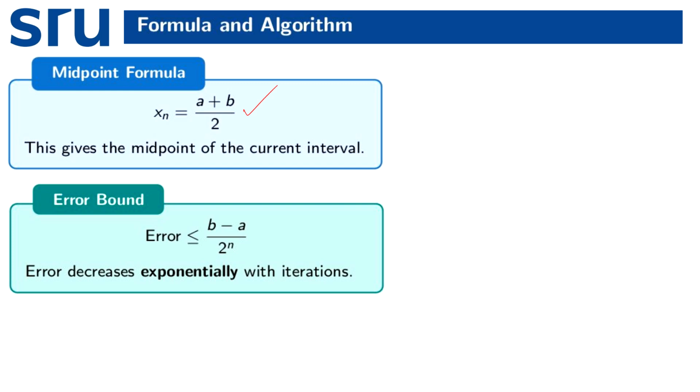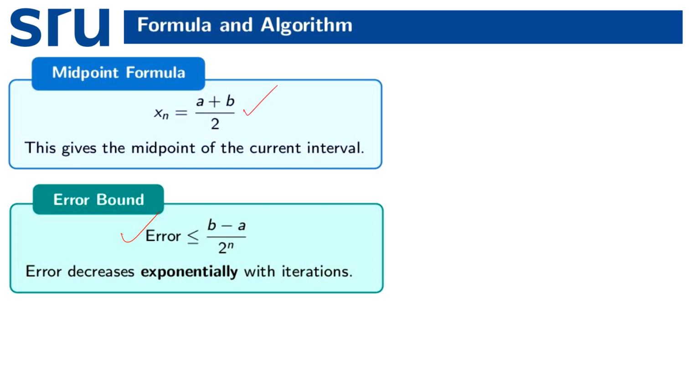Now let us understand the error bound. Error is less than or equal to (b minus a) over 2 raised to the power n, where n is the number of iterations. So you can see how accurate our answer is after n iterations. Error decreases exponentially with iterations.